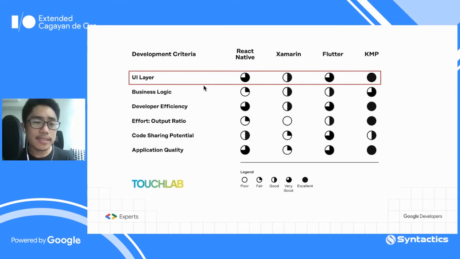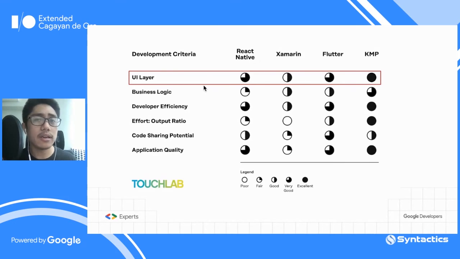But they decided Kotlin would win because you have first-class citizenship with your platform. They thought that it's really powerful, and in this category, Kotlin Multiplatform would win.